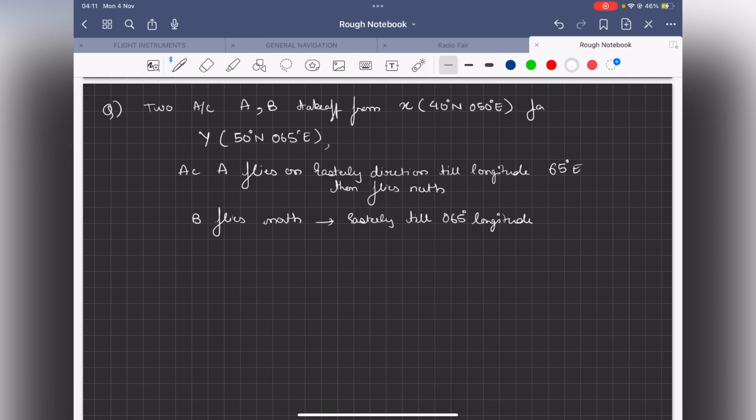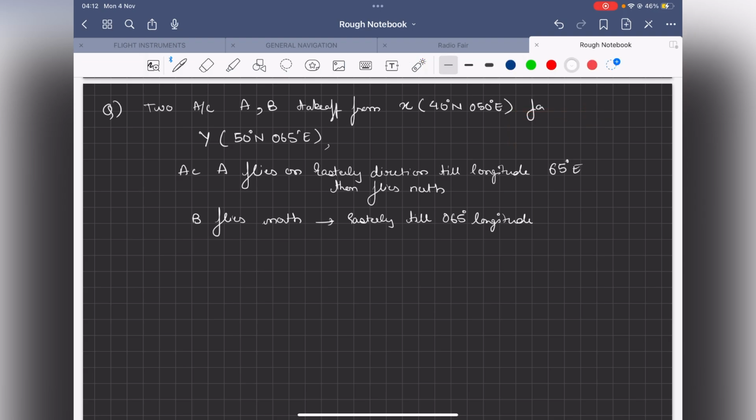Okay, so A first flies east, then flies north to the point, right? Now if you observe, they both are not at the same latitude, right? One is at 40 degrees north, other is at 50 degrees north. So A first flies east, then north, B first flies north and then east.